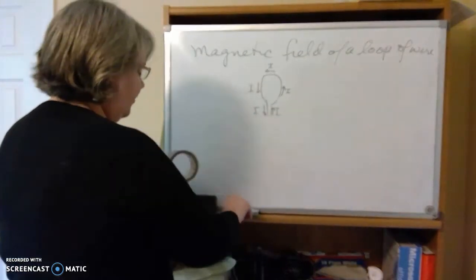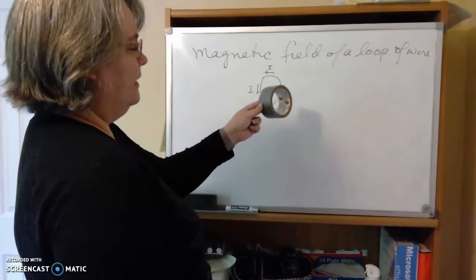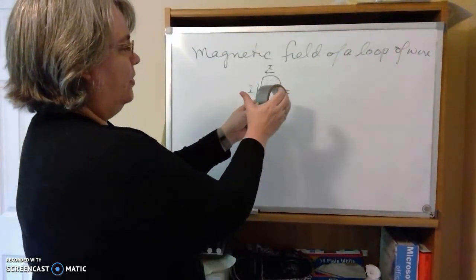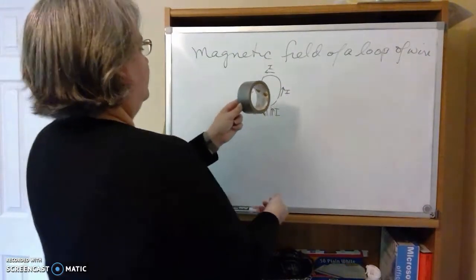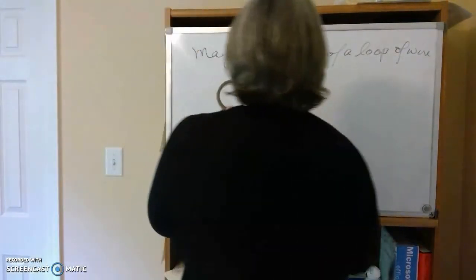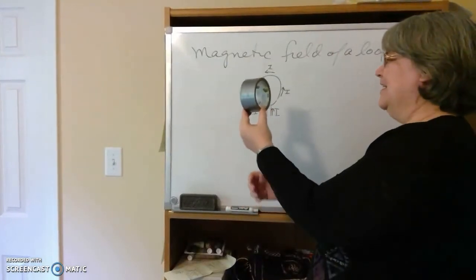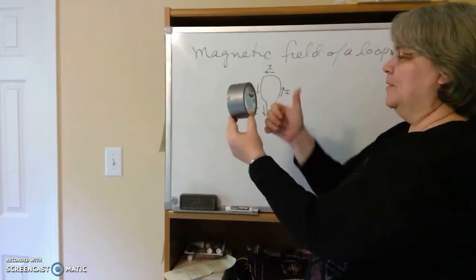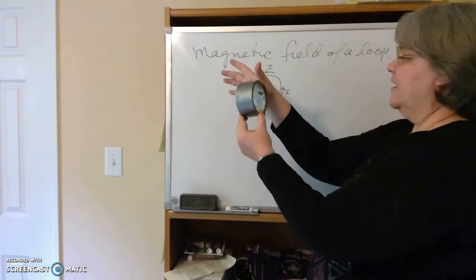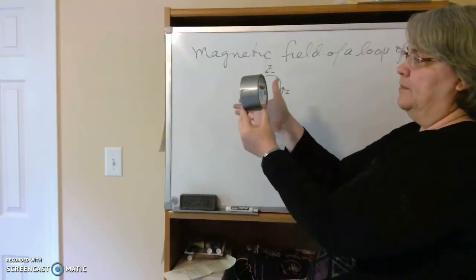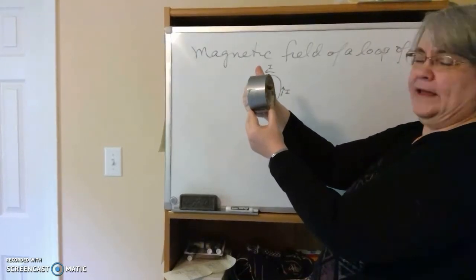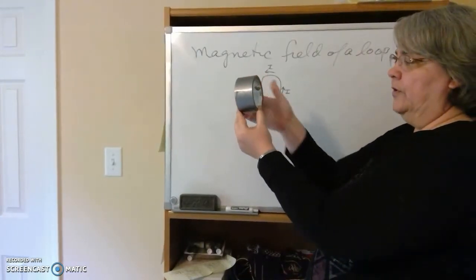And so with the right hand rule, if I grab, let's see, which way did I put it? I'm going to do it from this way because I want my thumb to be pointed the direction of the back side of the loop. My thumb is pointed up. My fingers wrap around and into the loop.